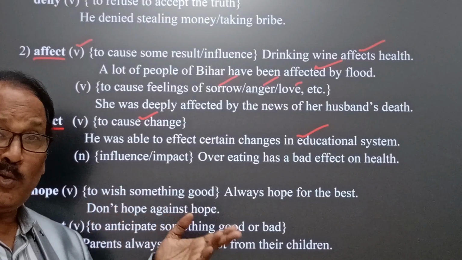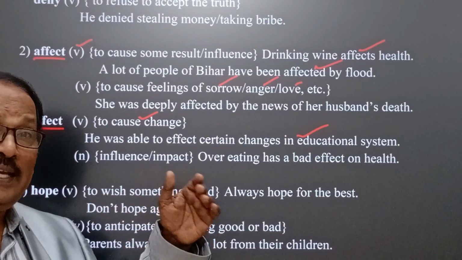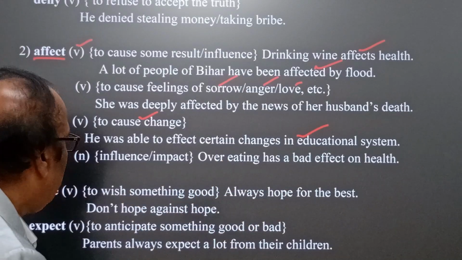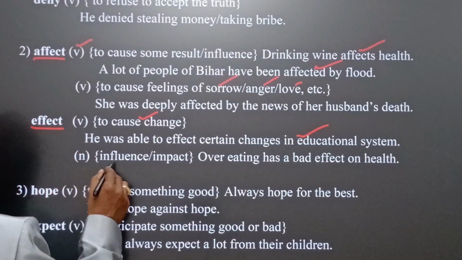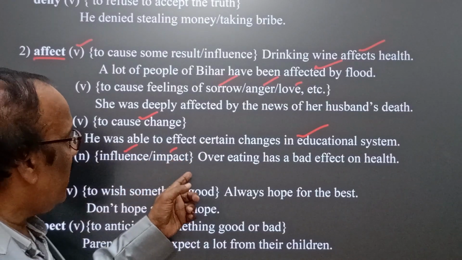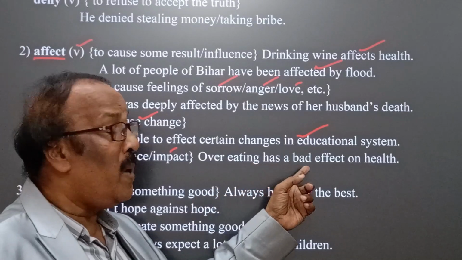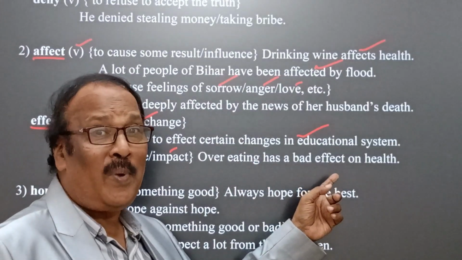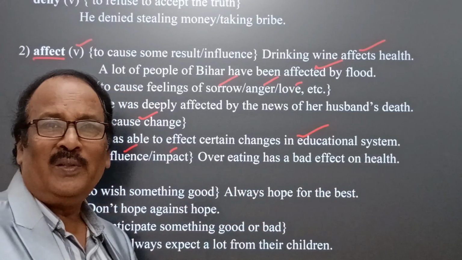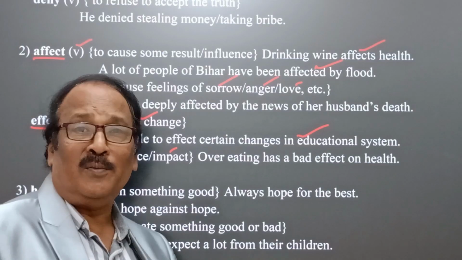Naturally, our educational system requires change from time to time with the changing of time. Next, the noun effect is equal to influence or impact. Here, in this case, overeating has a bad effect, not affect, a bad effect on health. Overeating is therefore not advisable.